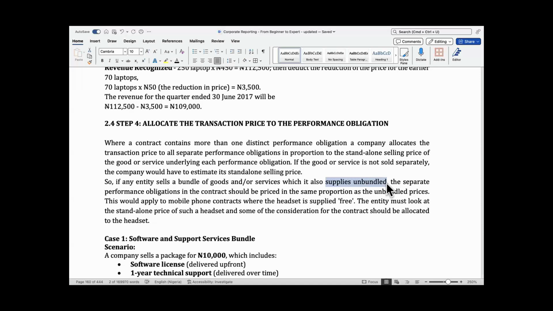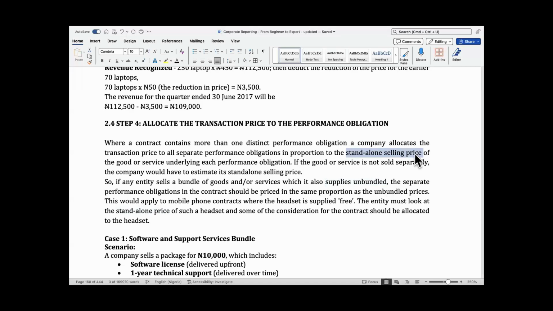So the core thing is this. There is a terminology they call standalone price or standalone selling price. You would expect that you would recognize each of the services based on their standalone selling price.